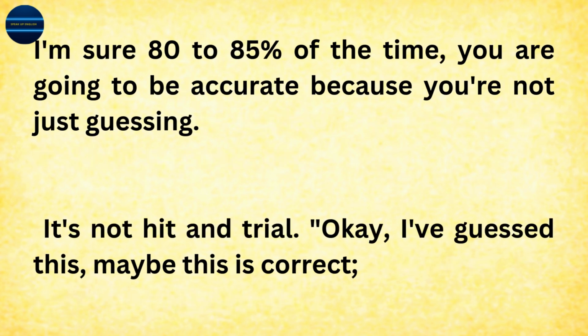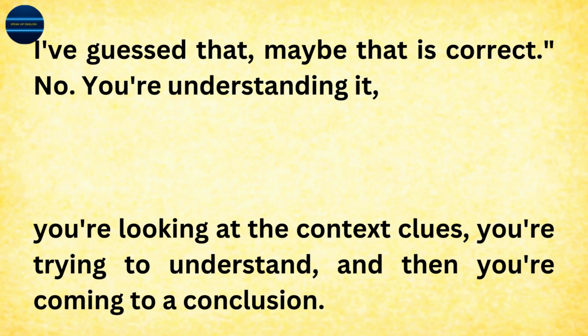I'm sure 80 to 85% of the time you are going to be accurate because you're not just guessing. It's not hit and trial, like, okay, I've guessed this, maybe this is correct, I've guessed that, maybe that is correct. No. You're understanding it. You're looking at the context clues. You're trying to understand. And then you're coming to a conclusion.